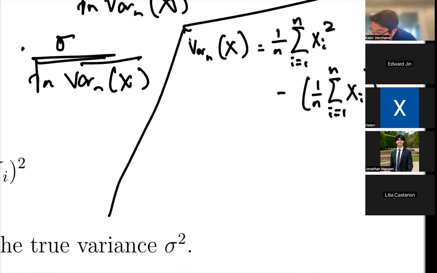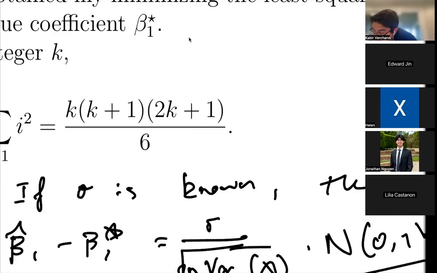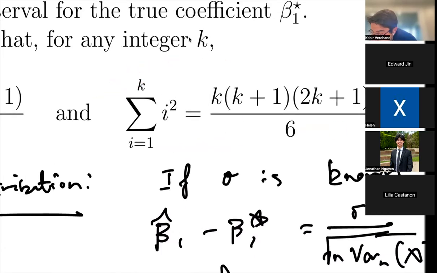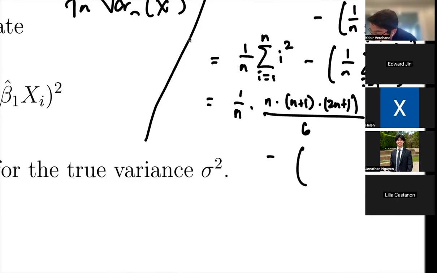So this is equal to 1 over n, sum from i equals 1 to n of i squared, minus 1 over n, sum from i equals 1 to n of i, whole squared. And now the hint tells us exactly what these sums are. So this is 1 over n times n plus 1 times 2n plus 1 over 6, minus 1 over n times n plus 1 over 2, squared.